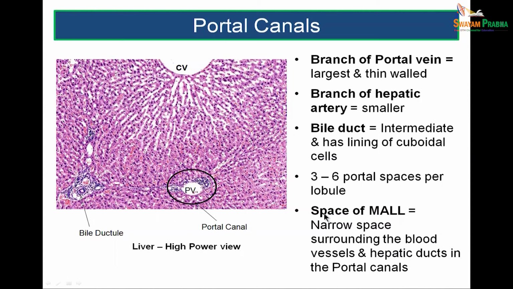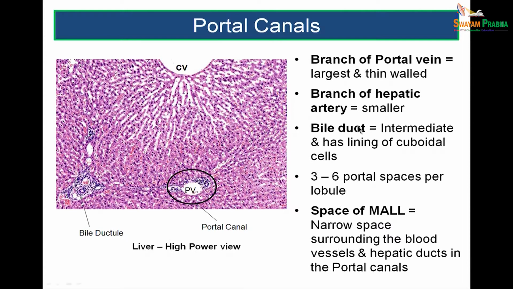Let's look at a little more detail of these portal areas. There's a small space around these portal areas which is called the space of Gall. It's a narrow space surrounding the blood vessels and the hepatic ducts in the portal canals. We need to know how to differentiate the vessels in the portal triads.